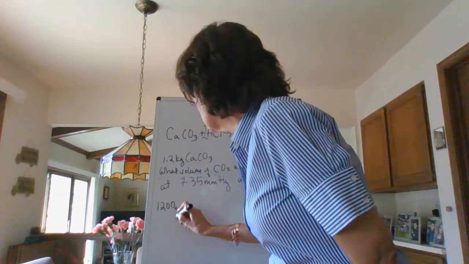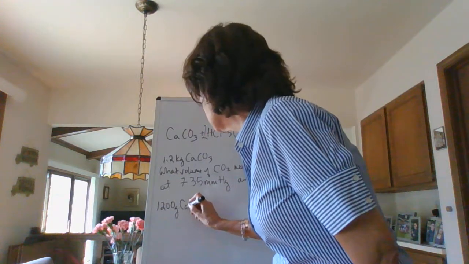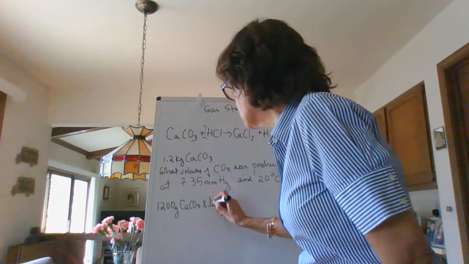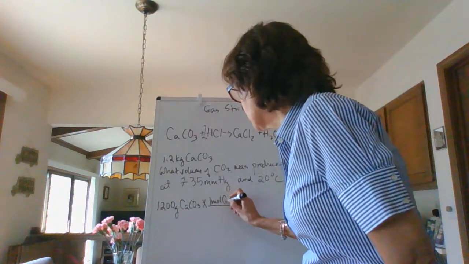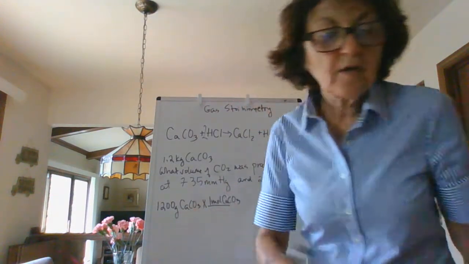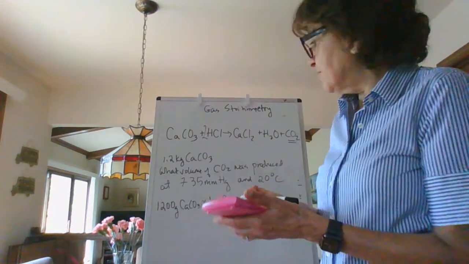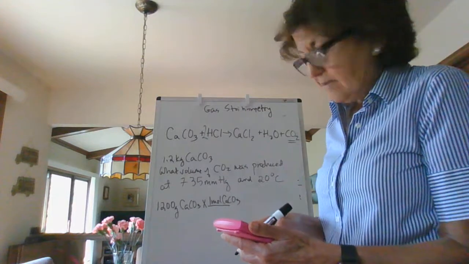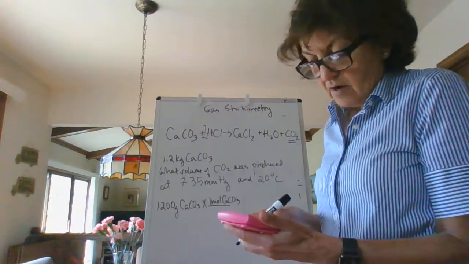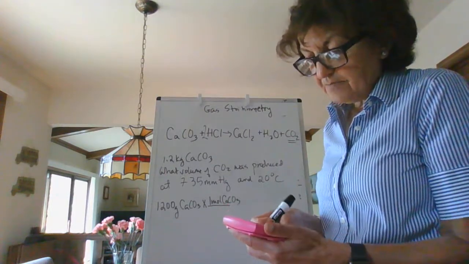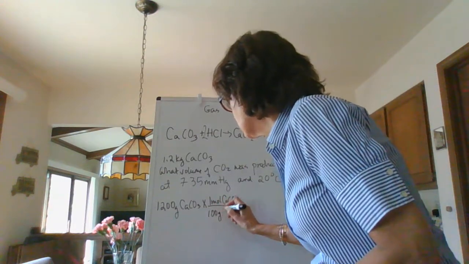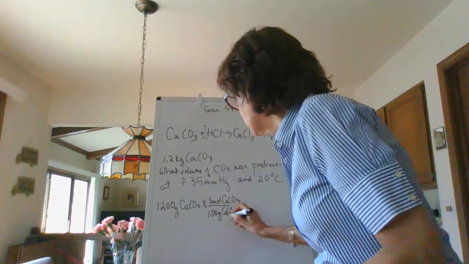So 1,200 grams of calcium carbonate, and I need the molar mass. 1 mole of calcium carbonate. Crunch the numbers here. Okay, calcium's 40, carbon's 12, oxygen's 16, and I have 3 of them, so that's 100 grams. It's the molar mass of calcium carbonate.